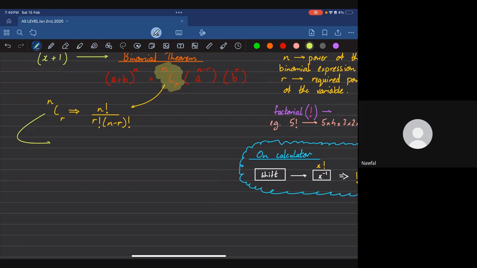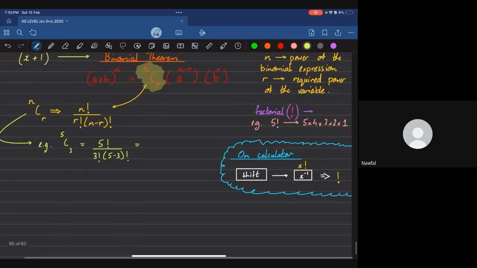For example, if I say 5C3, you can simply type it on your calculator, but technically what is happening is n is your 5 factorial over 3 factorial times 5 minus 3 factorial, which is technically 2 factorial. 5 factorial is all the numbers preceding it.